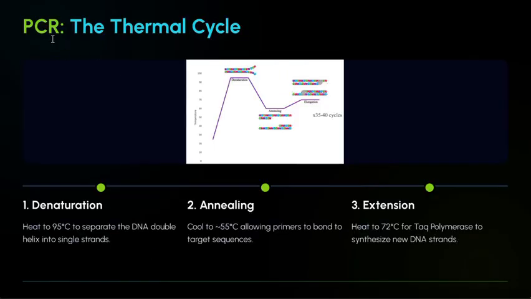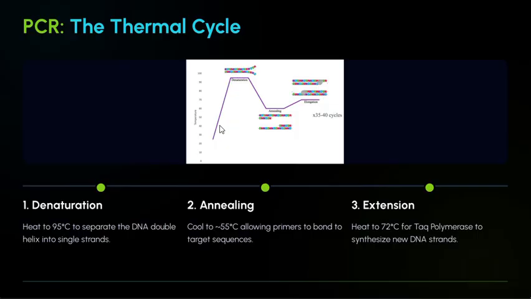Next, we can talk about PCR, the thermal cycle. The graph's a little small, so if you can zoom in, that would be great. But first, we have denaturation, where it heats up to 95 degrees Celsius, and this separates the DNA double helix into single strands.